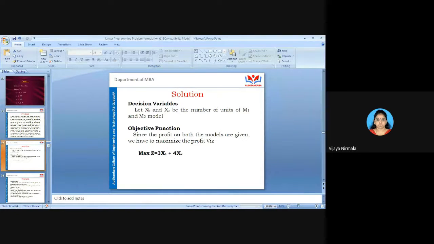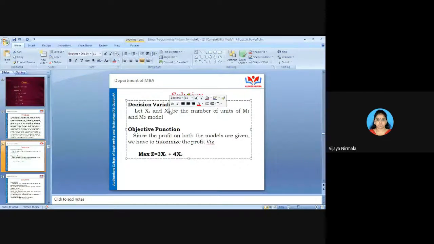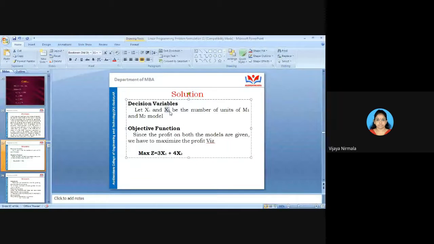Let x1 and x2 be the number of units of M1 and M2 models. So x1 is how many M1 models should be manufactured in a week, and x2 is how many M2 models should be produced in a week.